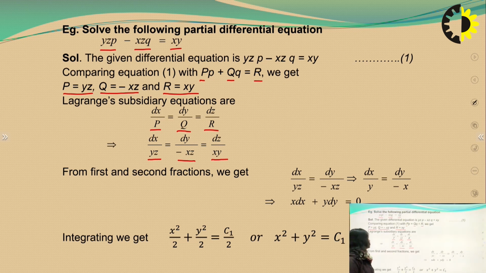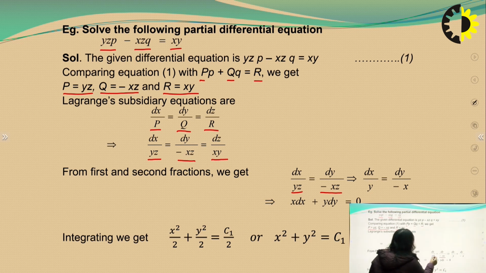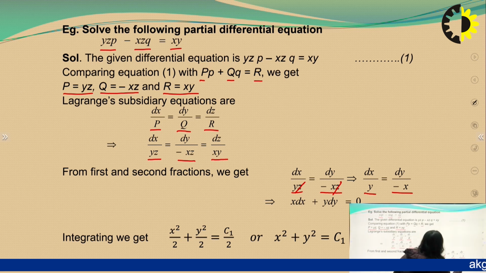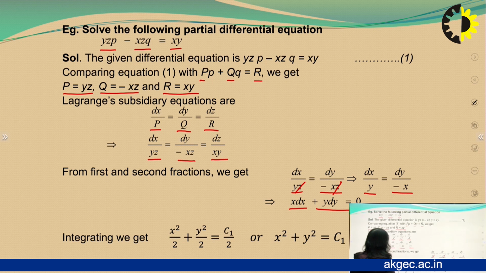Now from the first and second fractions we get dx upon yz equal to dy upon minus xz. This z will cancel out on both sides, so we are left with dx upon y equal to dy upon minus x, which gives x dx plus y dy equal to 0.